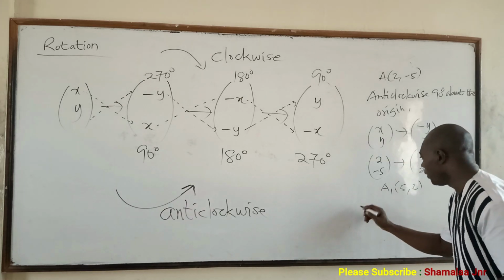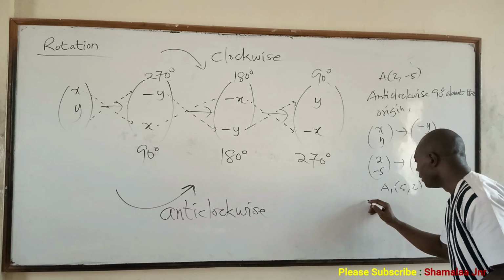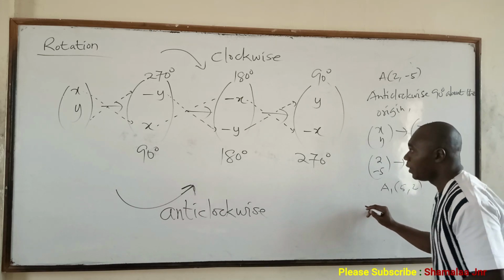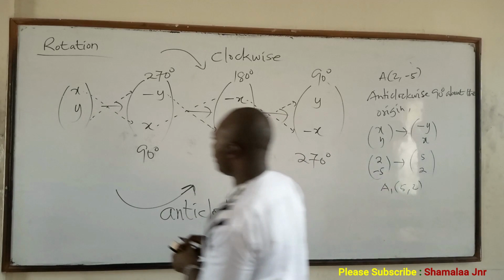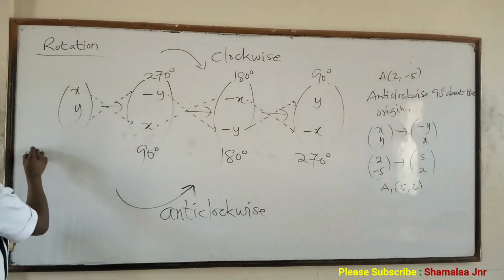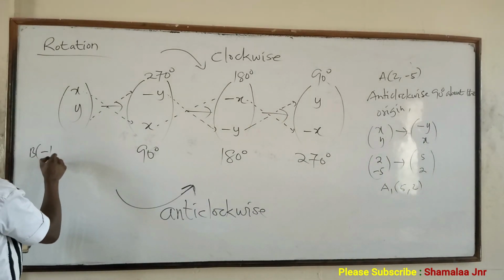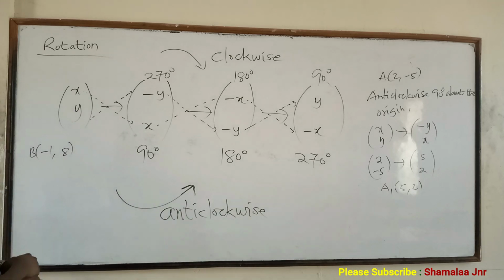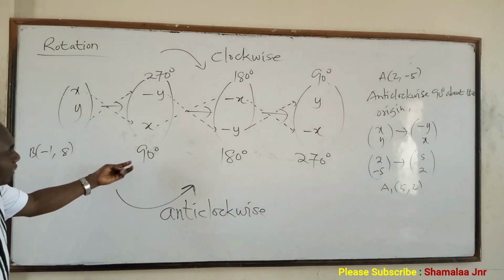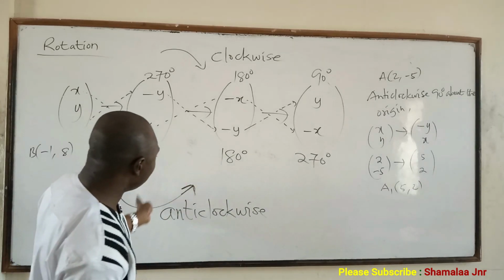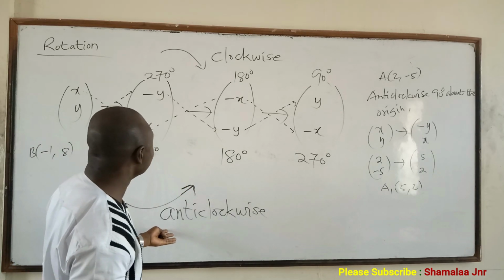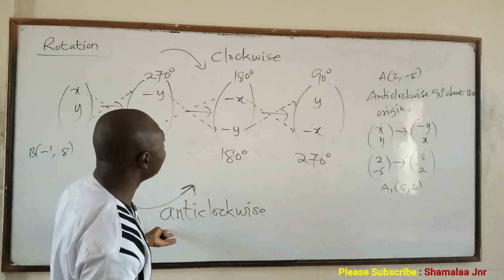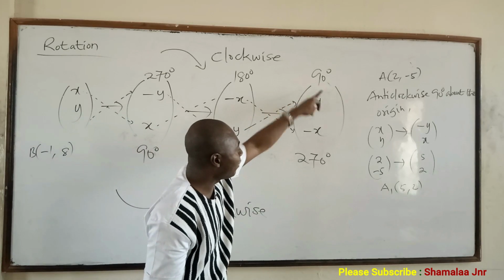If you have another point, say B, with (-1, 8), something like this, and it is rotated clockwise through 90 degrees about the origin.